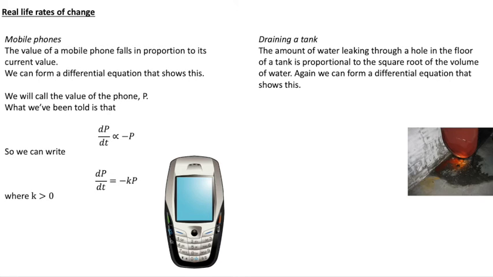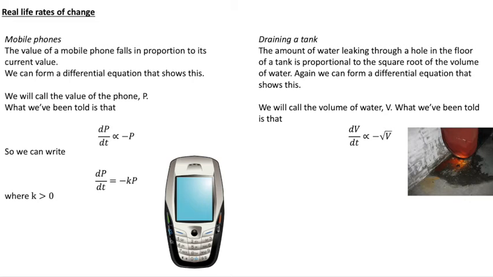Another example might be, say, draining a tank. The example actually is not draining a tank, it's a tank that's leaking. But the idea is the same, that we might find from experiment that the amount of water leaking through a hole in the floor of a tank is proportional to the square root of the volume of water. So again, we can form a differential equation that shows this.